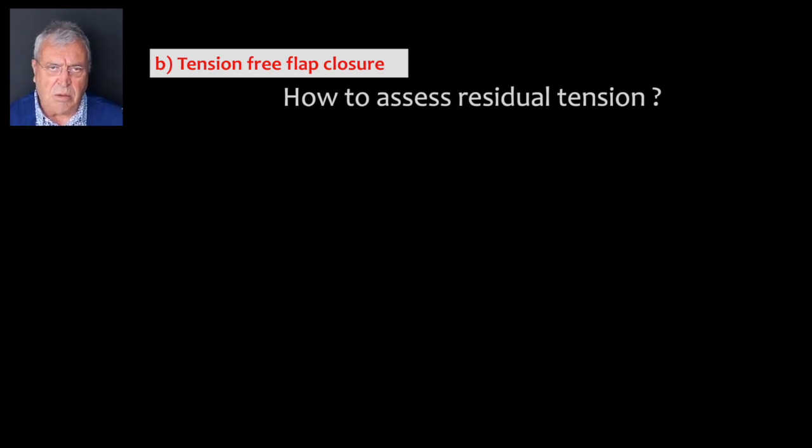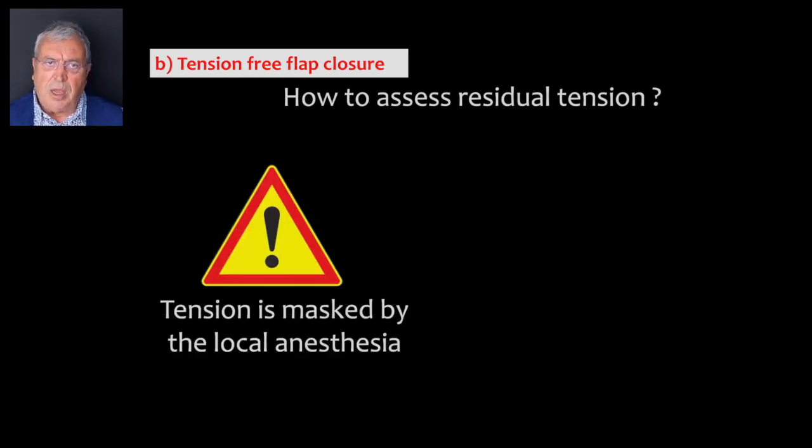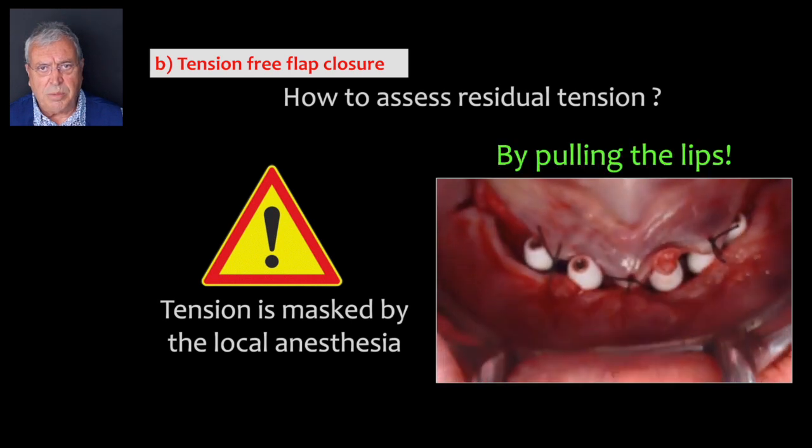We don't have any device, like the instrument we use for the implants. We don't realize that when we inject anesthetics, we make the muscles flat. And then the tension that we see is much less than the true tension. But if we want to see exactly how the tension is, we just need to pull the lips.